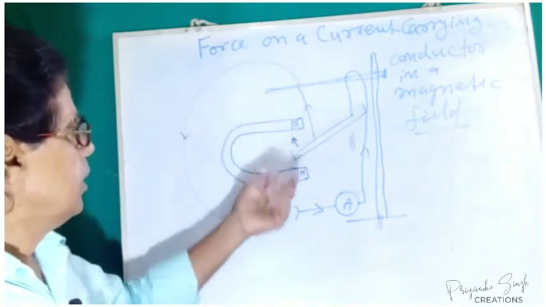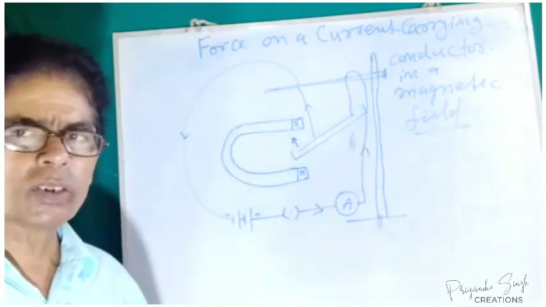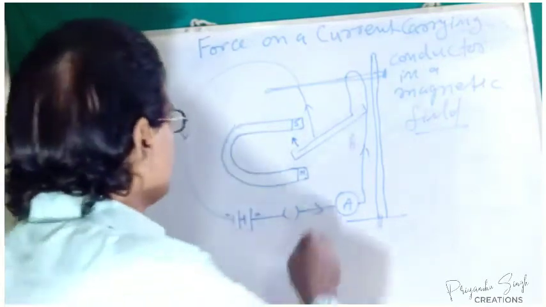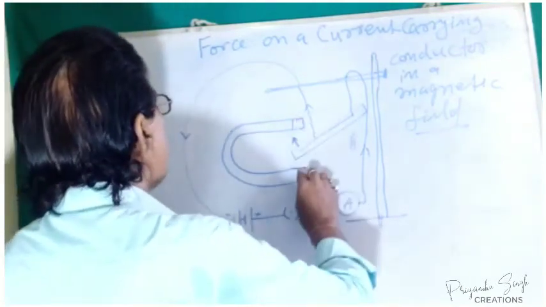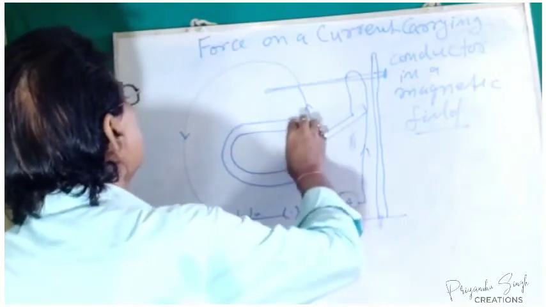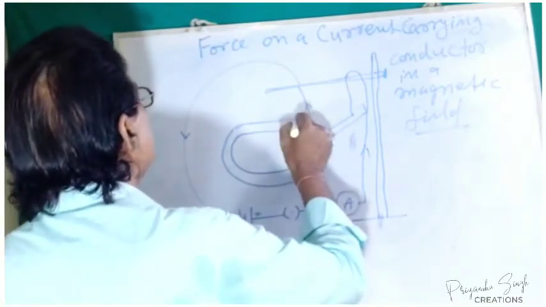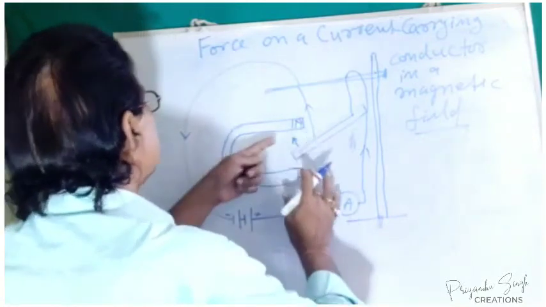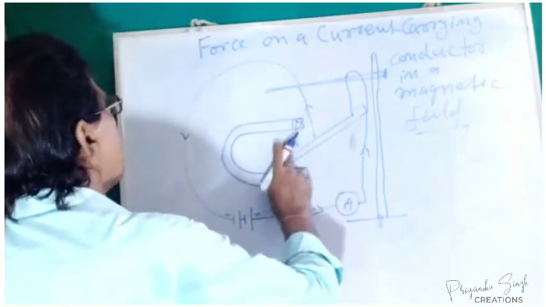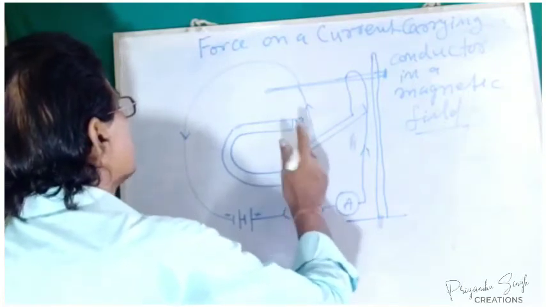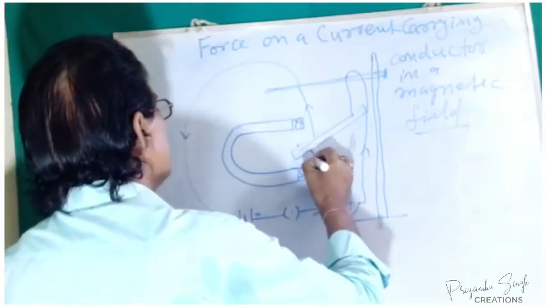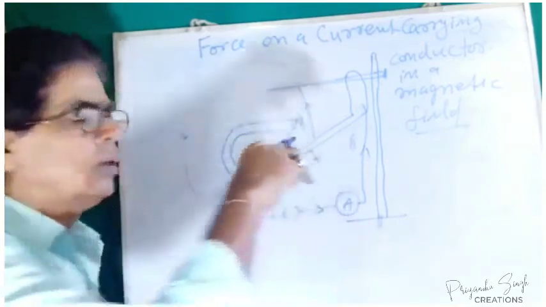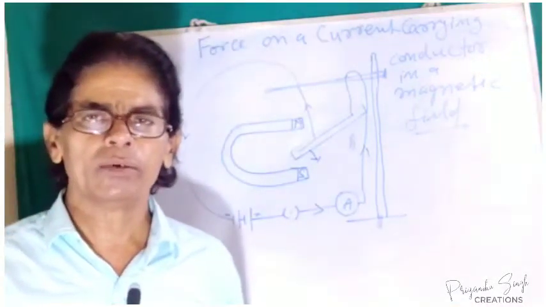If we reverse the direction of this field by inverting the poles, like if north pole is here and south pole is here, then if the direction is upward in the first condition, this will be in the opposite direction in this changed magnetic field.